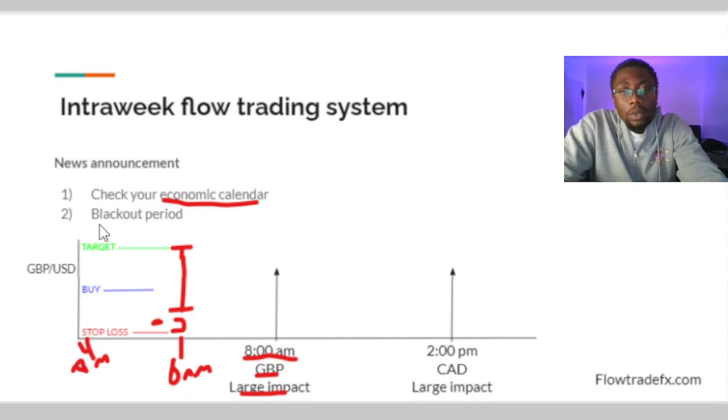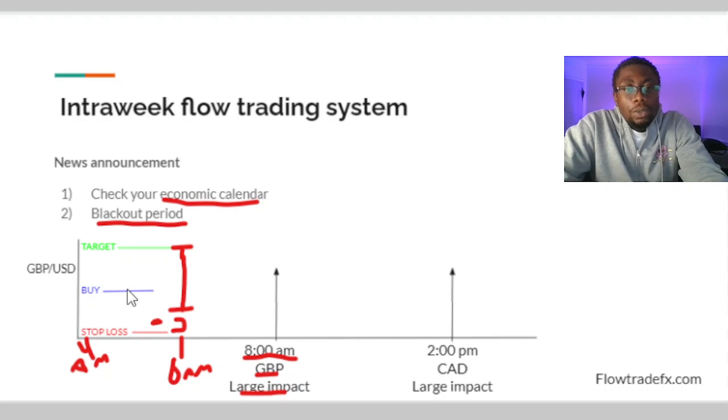Then set aside 2 hours prior to the news announcement as your blackout period, so that if you have any trades currently open, like the scenarios we've mentioned, we now know how to manage those trades to still potentially profit or minimize our risk as much as possible.